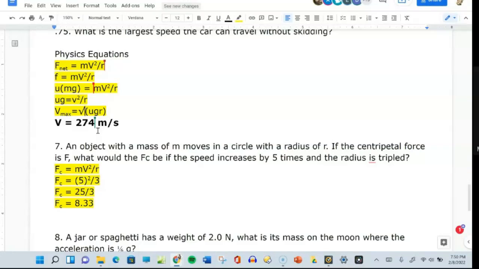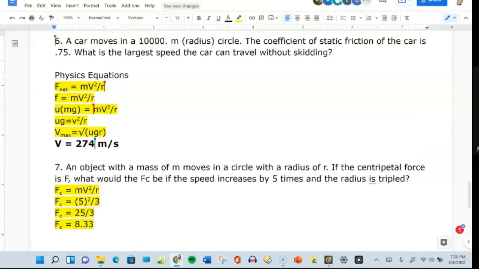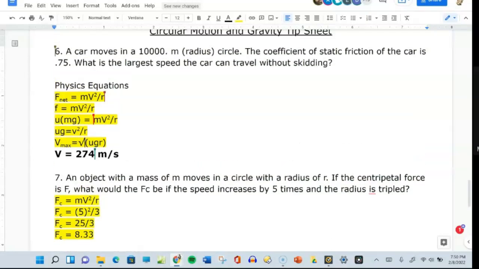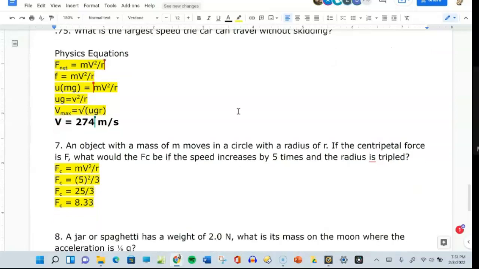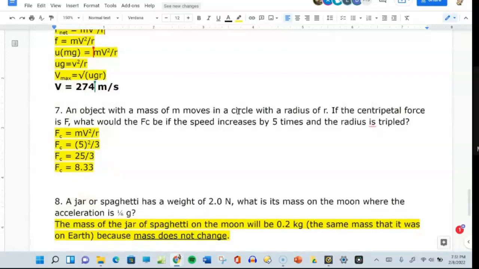If you're going at 1 meter per second in a car, with this nice large coefficient, you're never going to slip. This question is about skidding or slipping. You know what I mean? As long as you're under that speed, your car will never skid or lose its traction. You get that? Nobody worries about it when you're running in a circle. When would you have a chance of slipping? If you're going really, really fast.